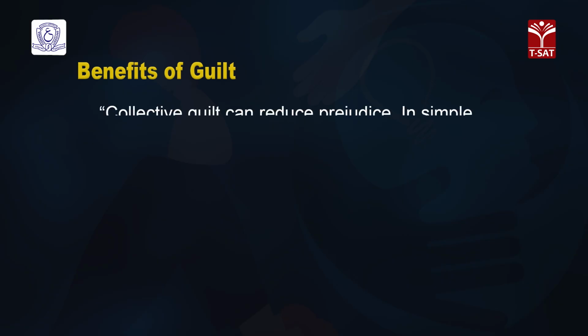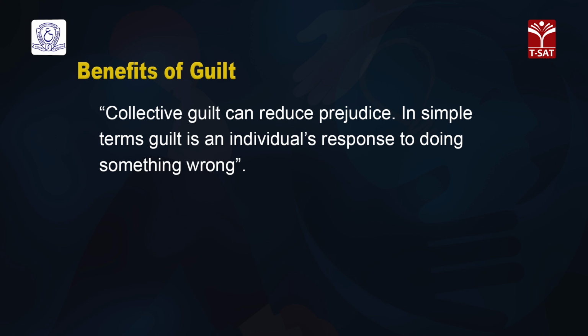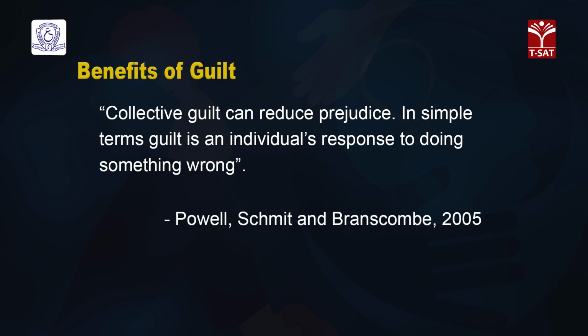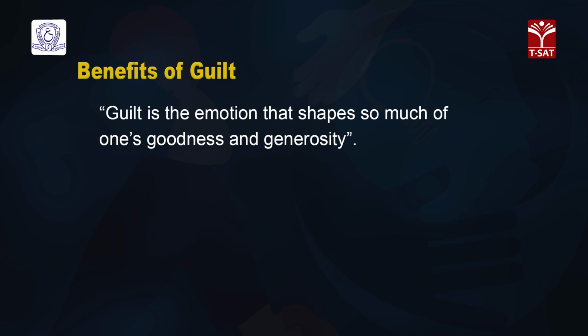According to Powell, Smith and others in the year 2005, collective guilt can reduce prejudice. In simple terms, guilt is an individual's response to doing something wrong. And according to TSAT, guilt is the emotion that shapes so much of one's goodness and generosity.